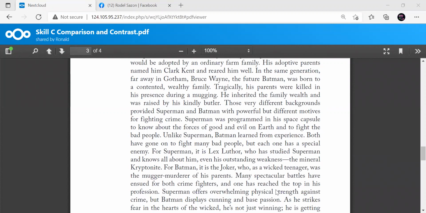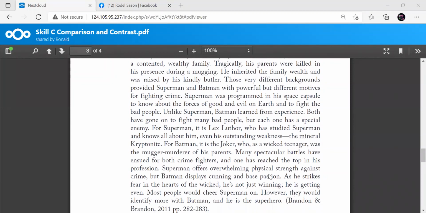Both have gone on to fight many bad people, but each one has a special enemy. For Superman, it is Lex Luthor, who has studied Superman and knows all about him, even his outstanding weakness, the mineral kryptonite. For Batman, it is the Joker, who was a weak teenager who was the mugger and murderer of his parents.